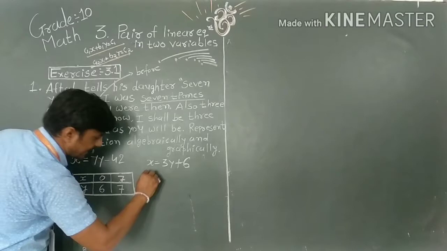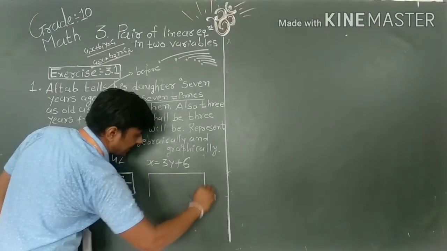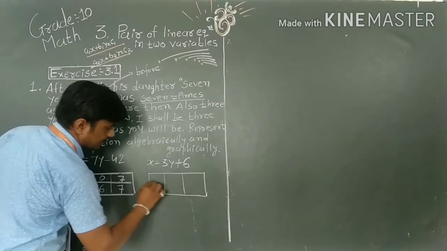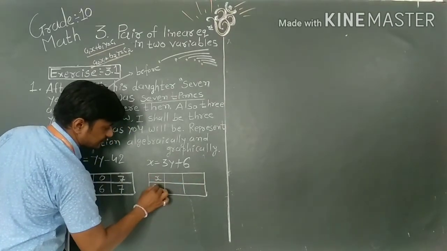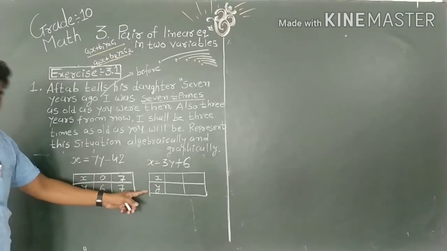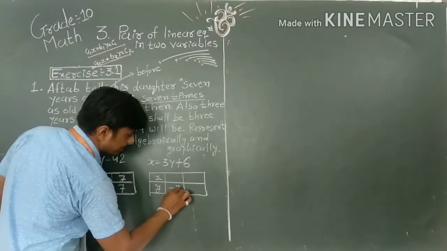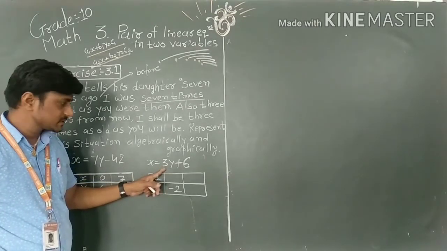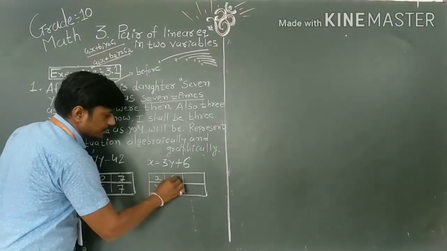Similarly, we find any two values of x with respect to y. Now I take y is equal to minus 2. What happens? 3 times minus 2 is minus 6, minus 6 plus 6 we have 0.